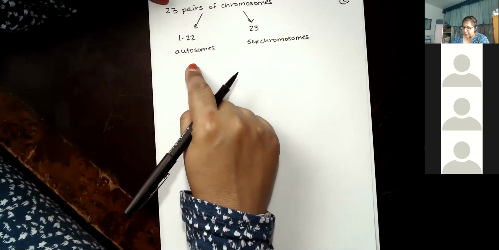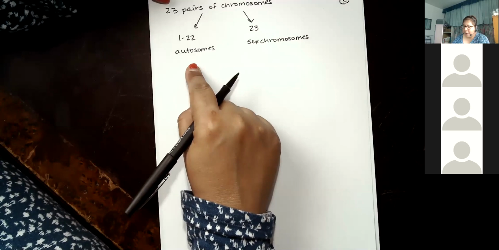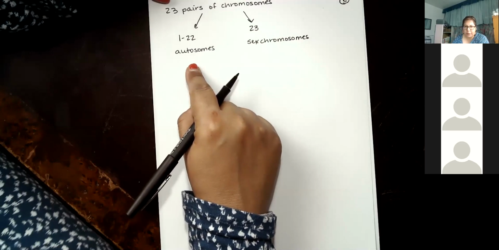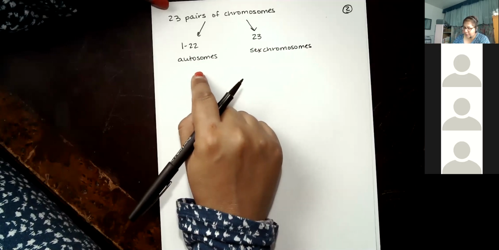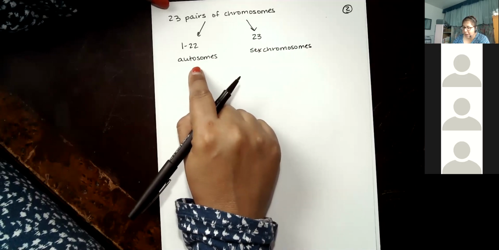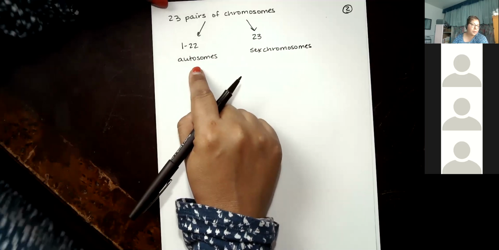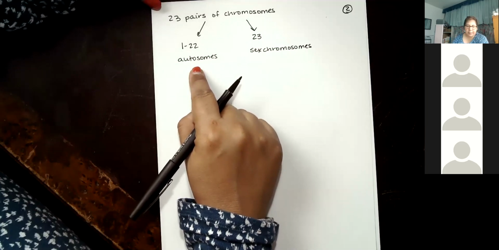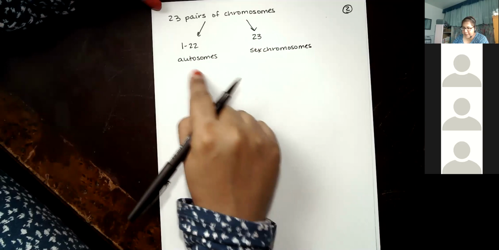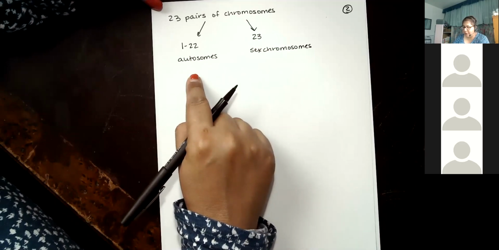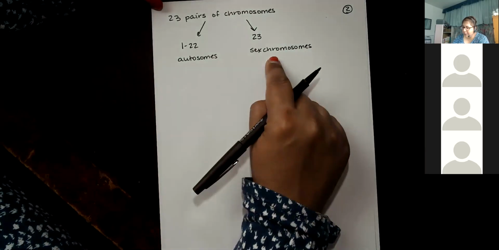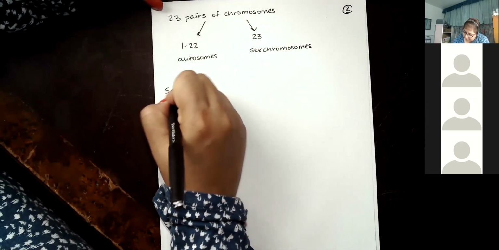They have to do with everything else, but they're not involved in determining whether you are male or female. All of the stuff that we've been talking about so far occurs on your autosomes. So complete dominance, incomplete dominance, codominance, all of these examples that we've been doing so far have all been on your autosomes.